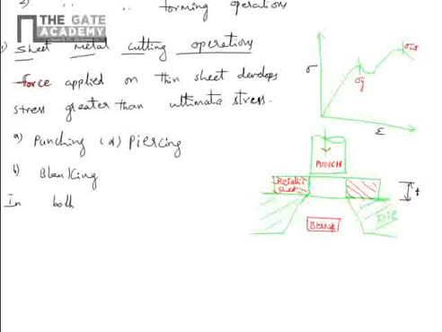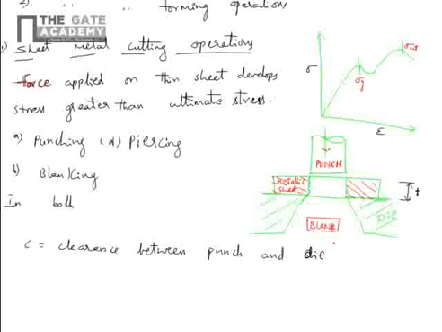The clearance C is the clearance between punch and die. If the clearance is more, then the sheet can bend and form a cup shape. That is called drawing, deep drawing or cup drawing. But here the clearance is very small.